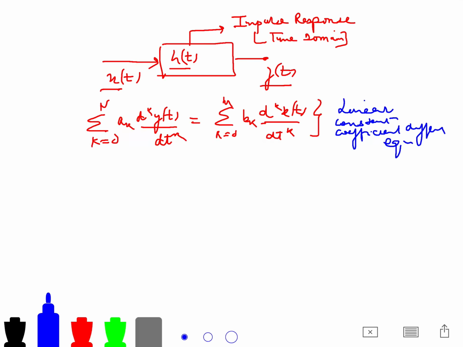This is a linear constant coefficient differential equation.